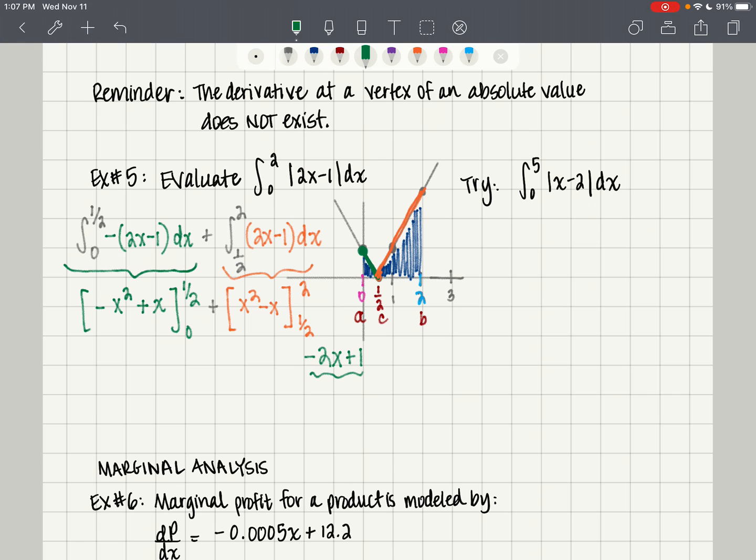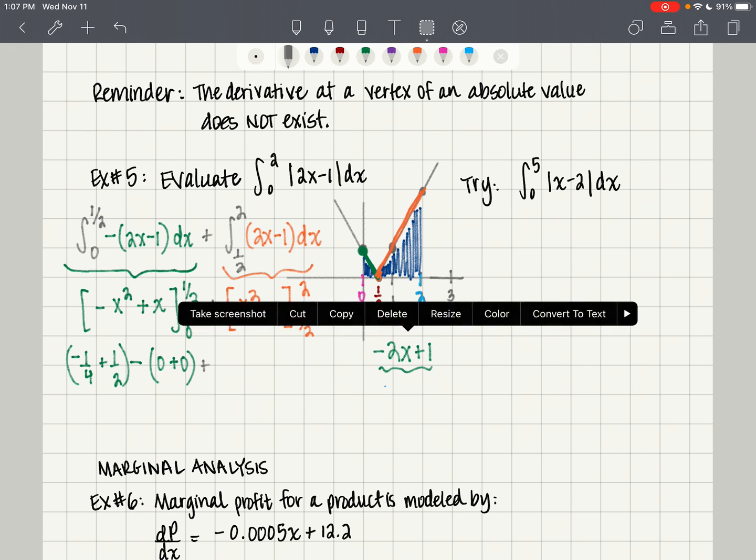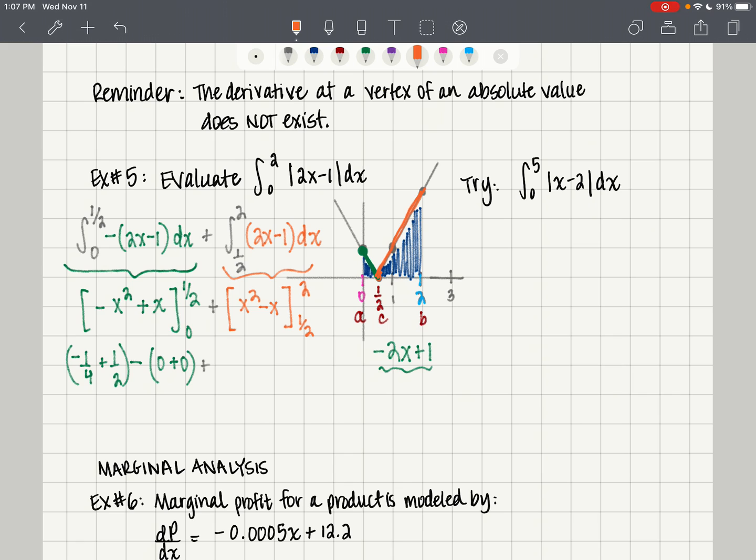And the first part, when I put a 1/2 in, I'm going to have negative 1/4 plus 1/2 minus 0 plus 0. And then we're going to add to that our second definite integral. When we put a 2 in, we're going to have 2 squared minus 2, minus 1/2 squared, which is 1/4, minus 1/2.